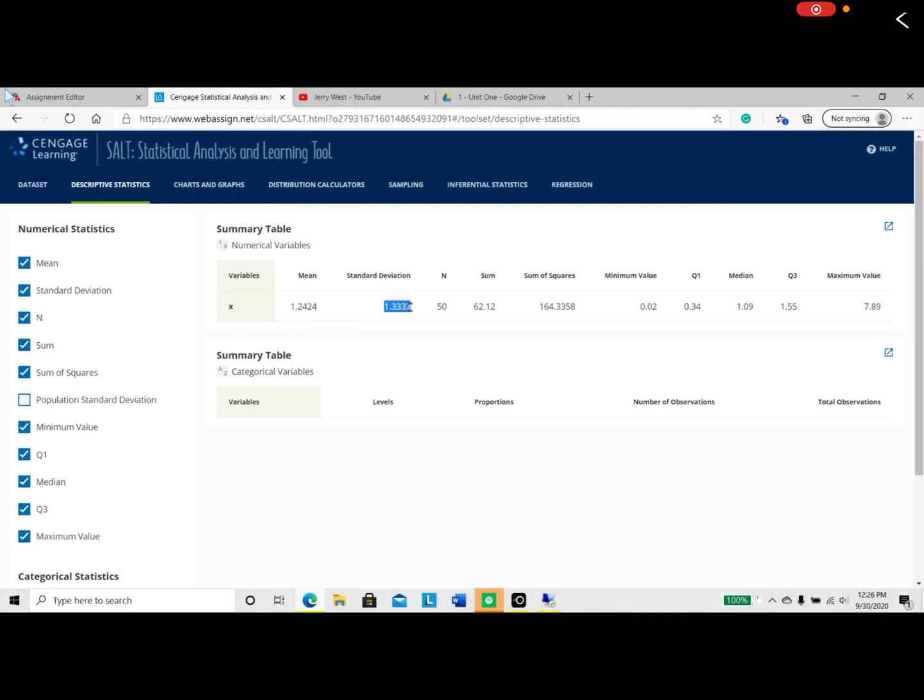Standard deviation, 1.3337. If you type that into your calculator and square it, or multiply the number times itself, that answer will be your variance. 1.3337 squared is 1.778.